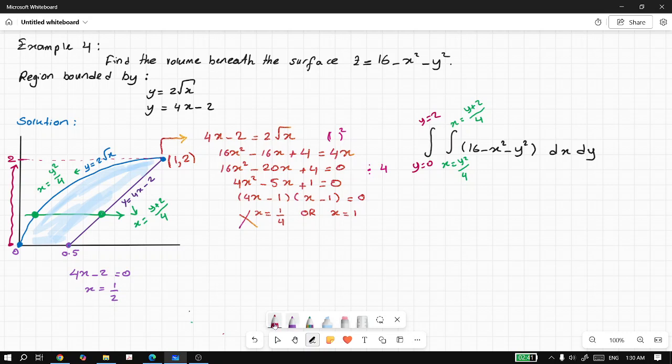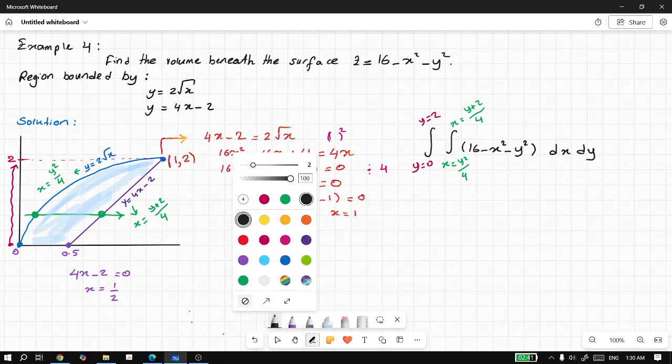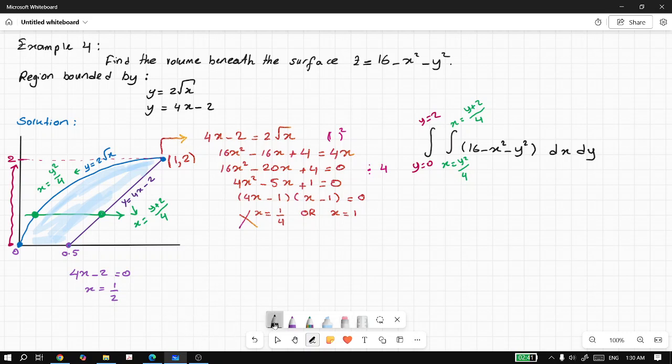Left to solve the integral, let me say, not the equation. So we get this one is equal to, of course, first solving the inner integral, which with respect to x becomes 16x minus x to the power of 3 over 3 minus xy squared, running from x equal to y squared over 4 to x equal to (y plus 2) over 4.